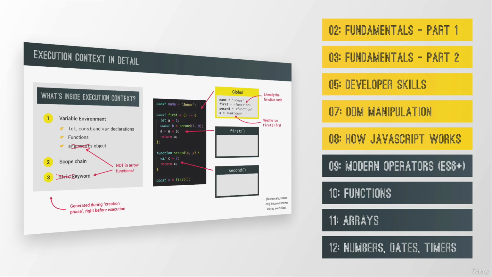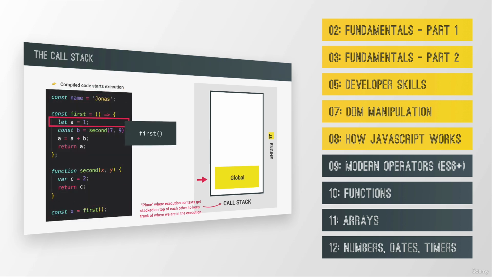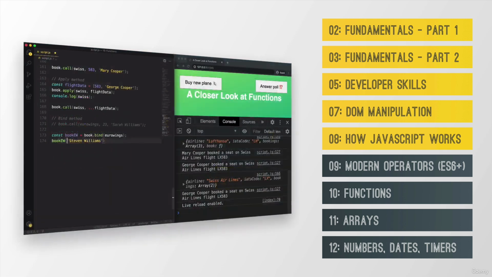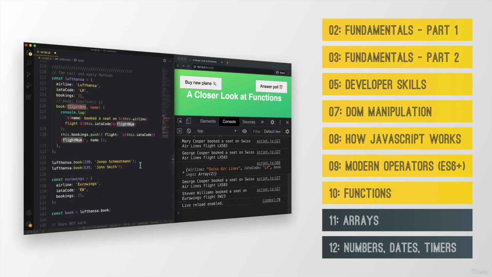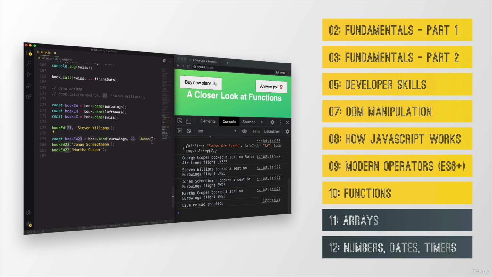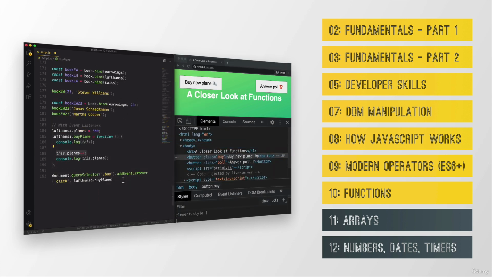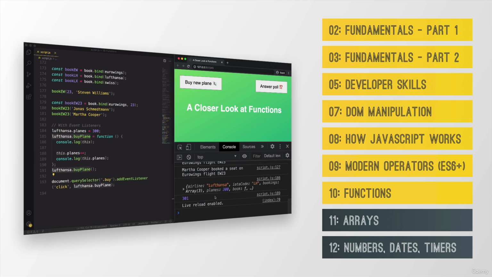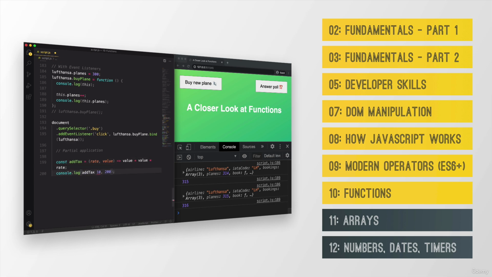And this will give you valuable knowledge that many other developers simply don't have. Then in sections 9 and 10, we will keep working on our JavaScript fundamentals, but now with a focus on more modern ES6 topics, such as maps and destructuring, and also strings, functions, closures, and more.